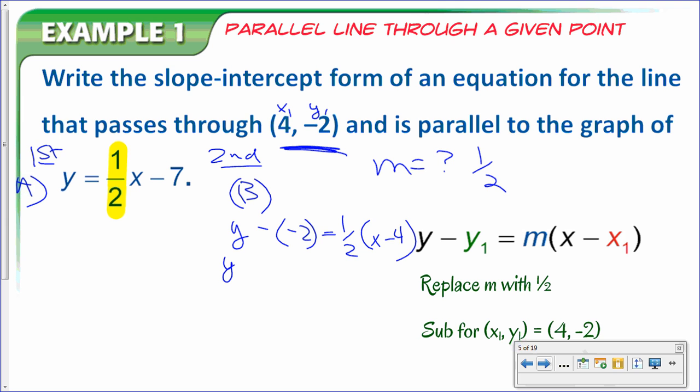Okay? Y plus 2, good. Oh, wait, 1/2 x minus 2. Minus 2, good. Now, what would I do? Move this over there, which makes it a negative 2, right? Simplify it, y equals 1/2 x minus 4, good.